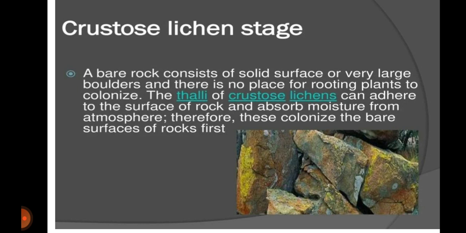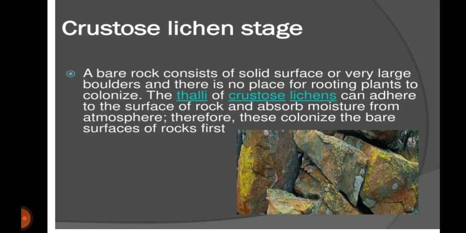The crustose lichens are then replaced by another type of lichens, the foliose lichens. When soil particles are formed on the bare rock, the place is no longer suitable for the crustose lichens. They die and decay, turning into organic matter mixed with the small particles of rocks.